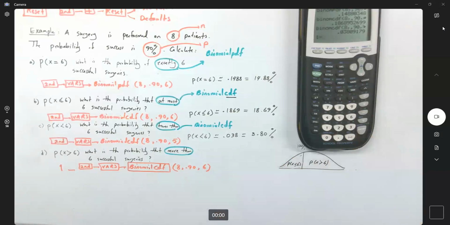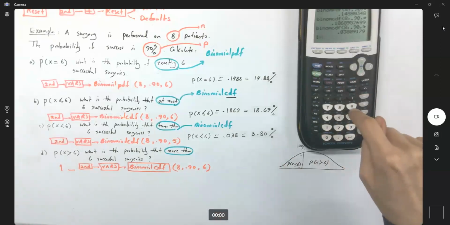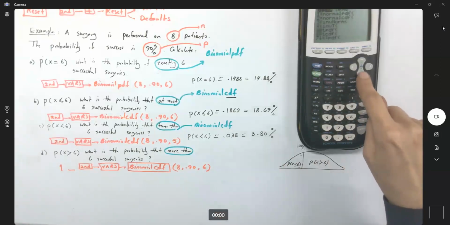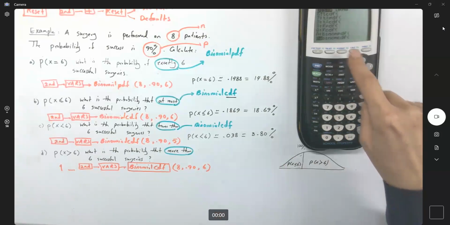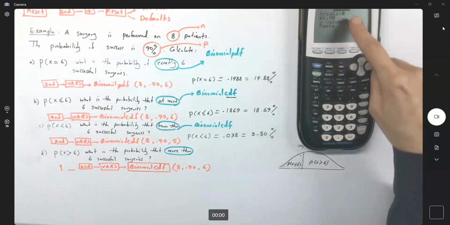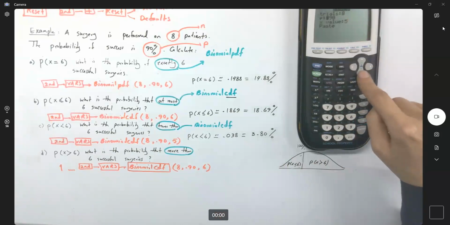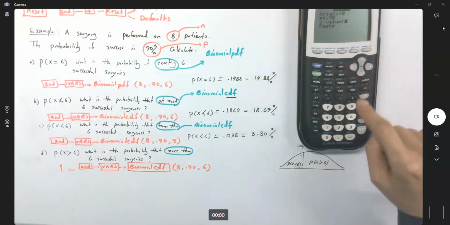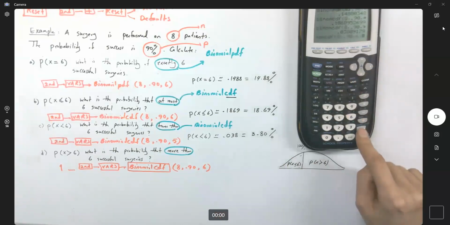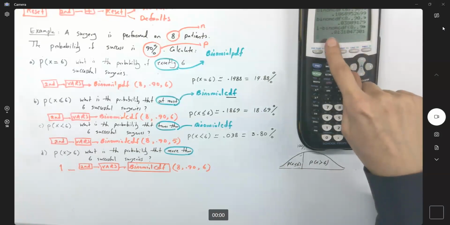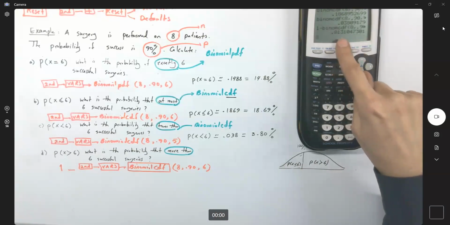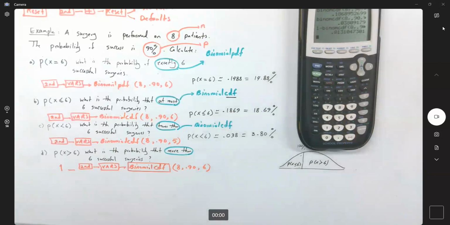So let's see what do we have. 1 minus second vars. Let me find binomial CDF. Trials 8. 90% probability of success, and 6. Let's see. It gives me 0.8131.